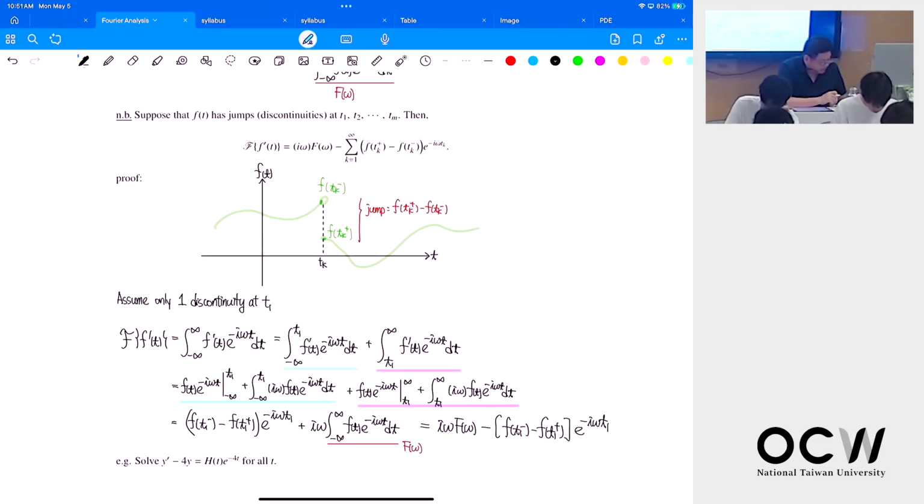Okay. Why do we learn Fourier transform? One of the reasons is that, overall for this course, we're trying to solve ordinary differential equations, right? And from the last semester, we have already done different methods.